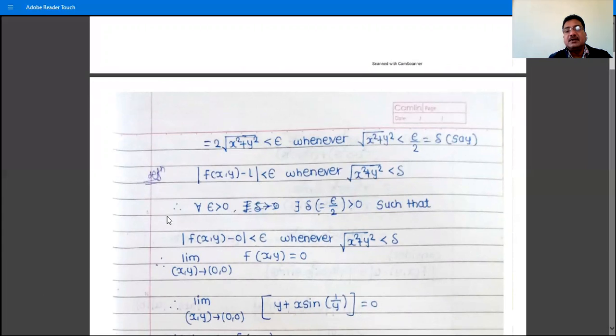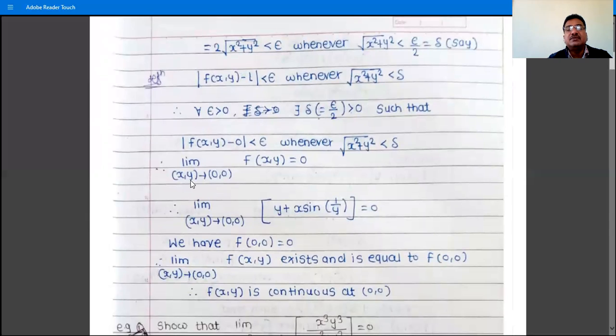After this step, write that for every epsilon greater than 0, there exists delta. What is its value? In bracket write delta is equal to epsilon by 2 greater than 0, such that mod fxy minus 0 is less than epsilon whenever root x square plus y square is less than delta. And therefore by using the definition we say that the limit of fxy as xy tends to 0 0 is equal to 0.